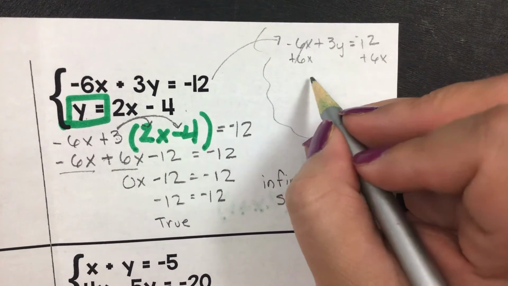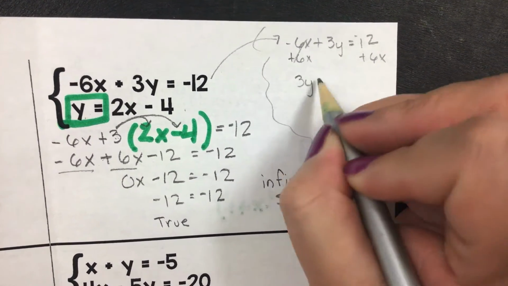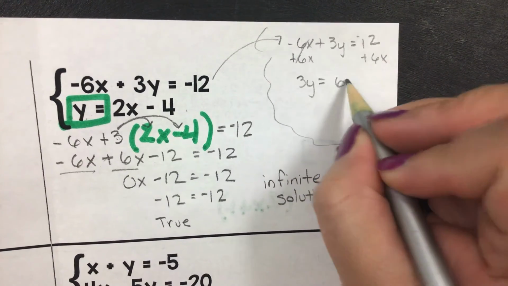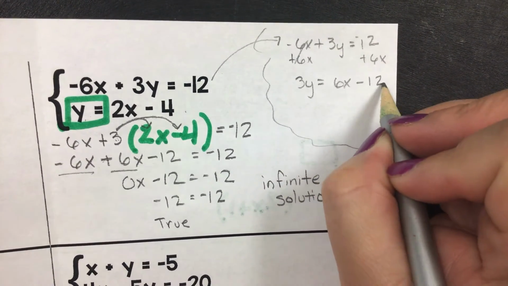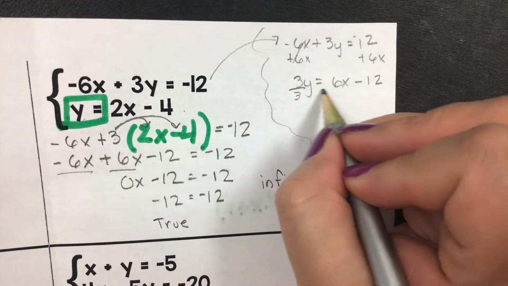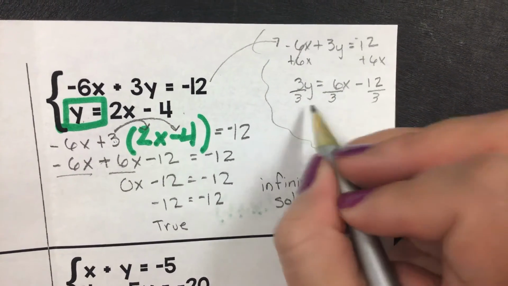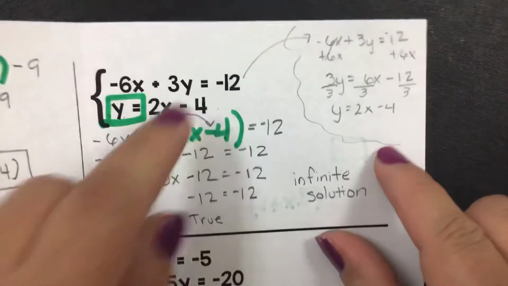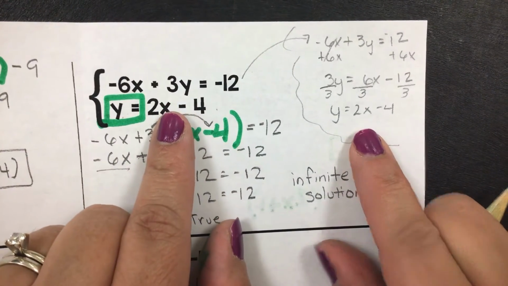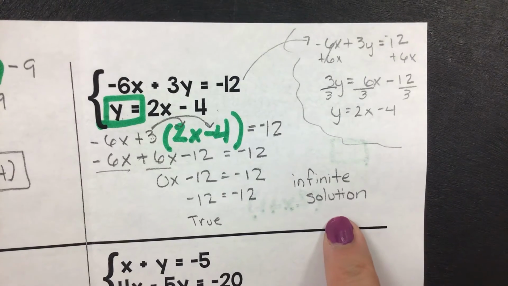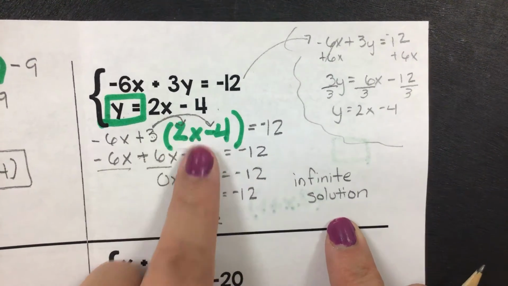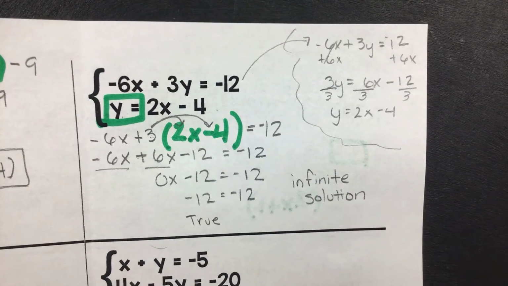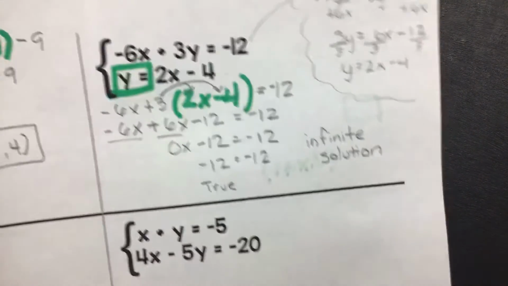So what I'm doing is solving for y, just to show you that they were the same equation. See? They were the exact same equation, and that's how we also can know that there are infinite solutions. But this is the method by substitution. So we're going to substitute in that value.